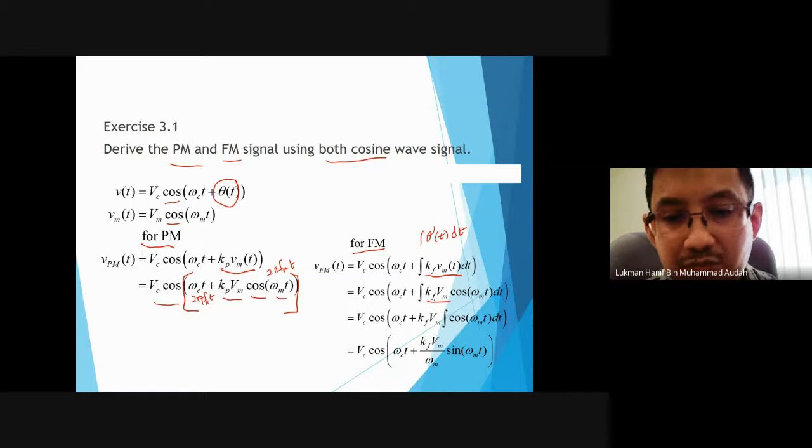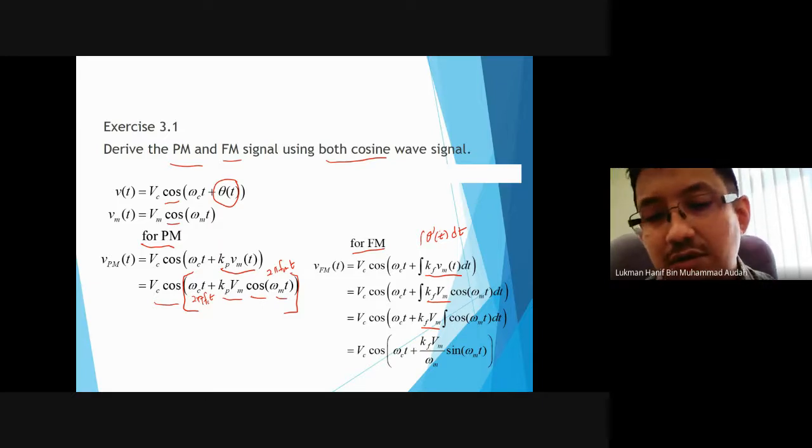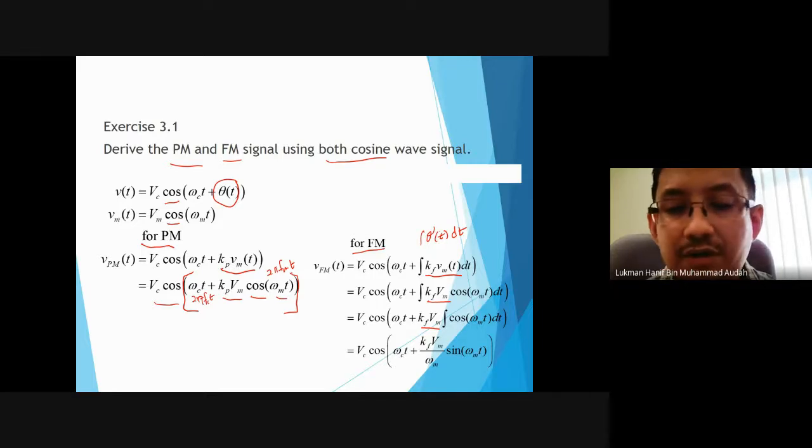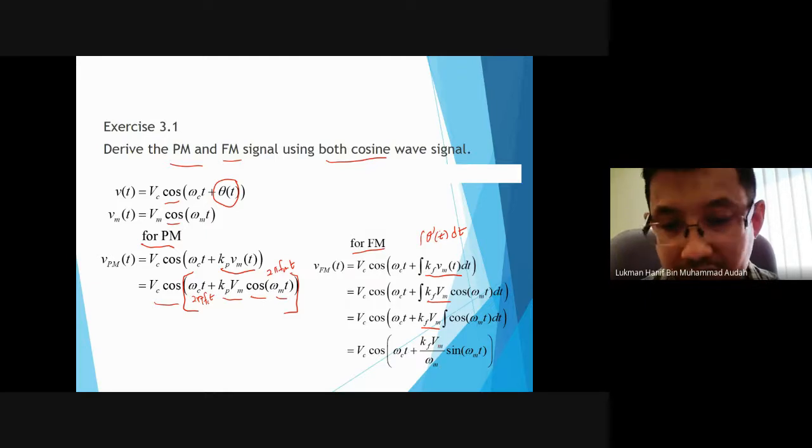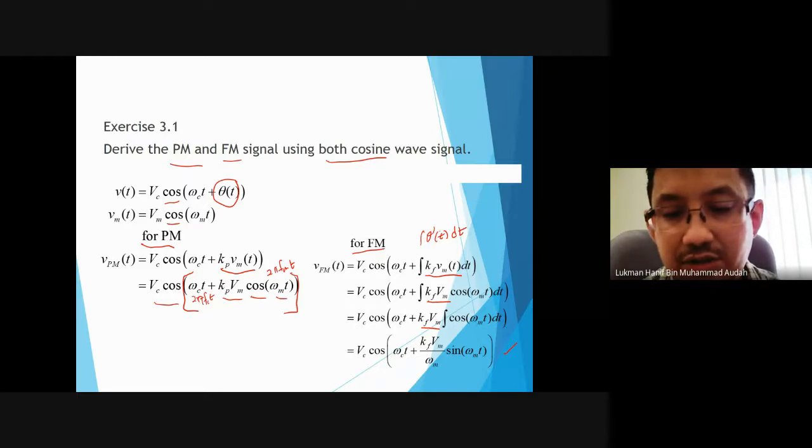So put outside the kf vm because both of these are constant parameters. So we integrate cosine function. Integral of cosine, we're gonna get positive sine over omega m. Okay. So therefore we get kf vm over omega m.